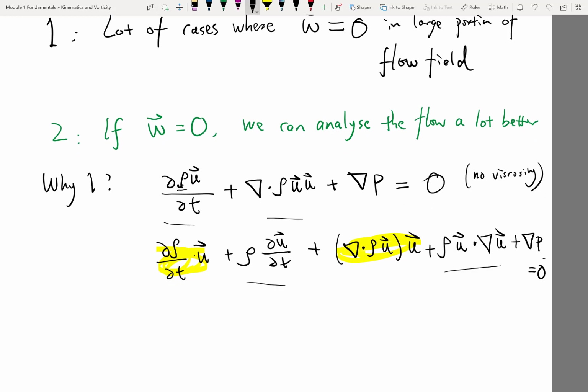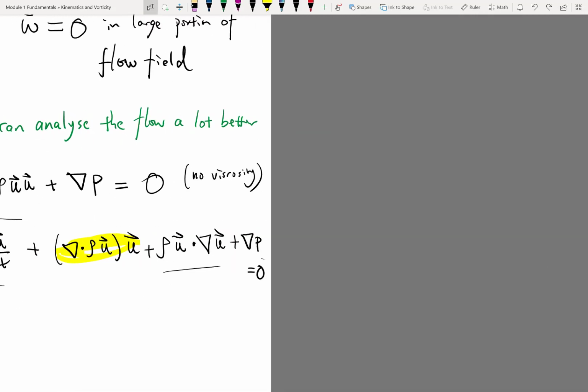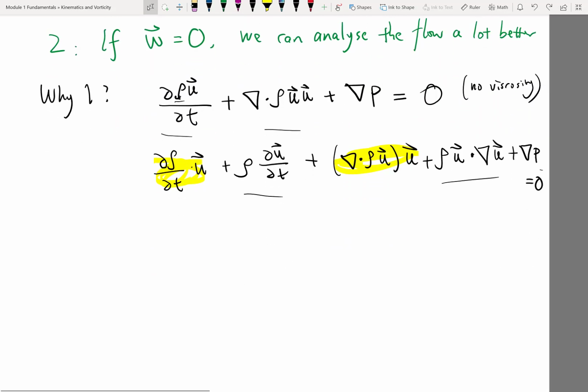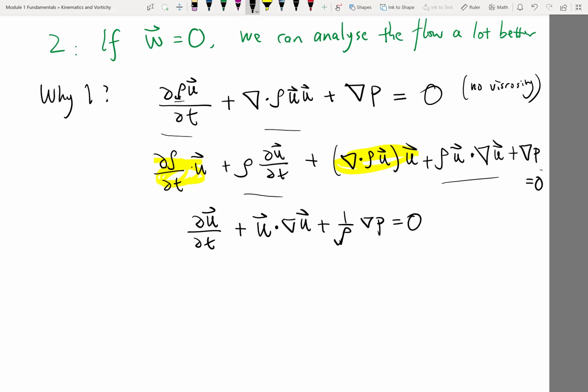And if you divide the density on both sides, what you get is du dt plus u dot with grad u plus 1 over rho grad p is equal to 0. So we'll derive our governing law of vorticity from this equation.